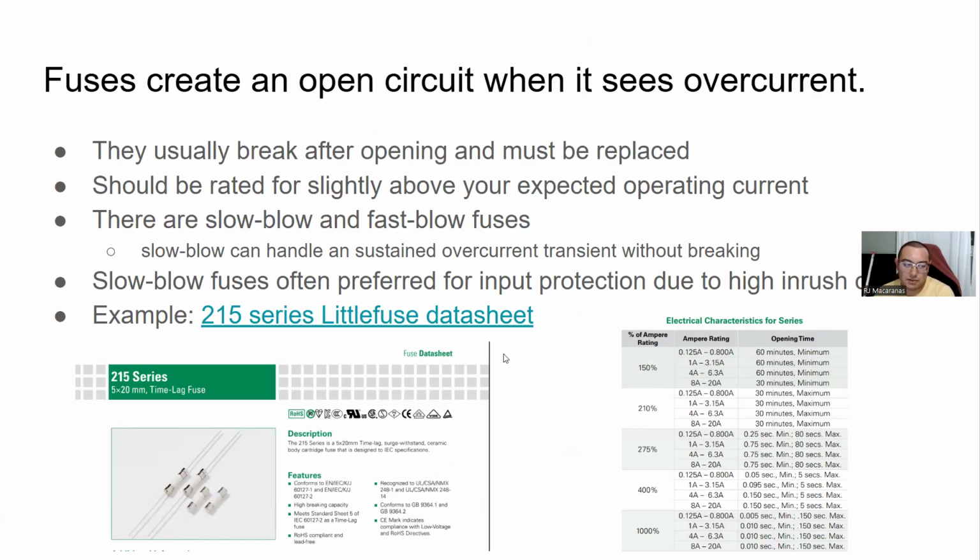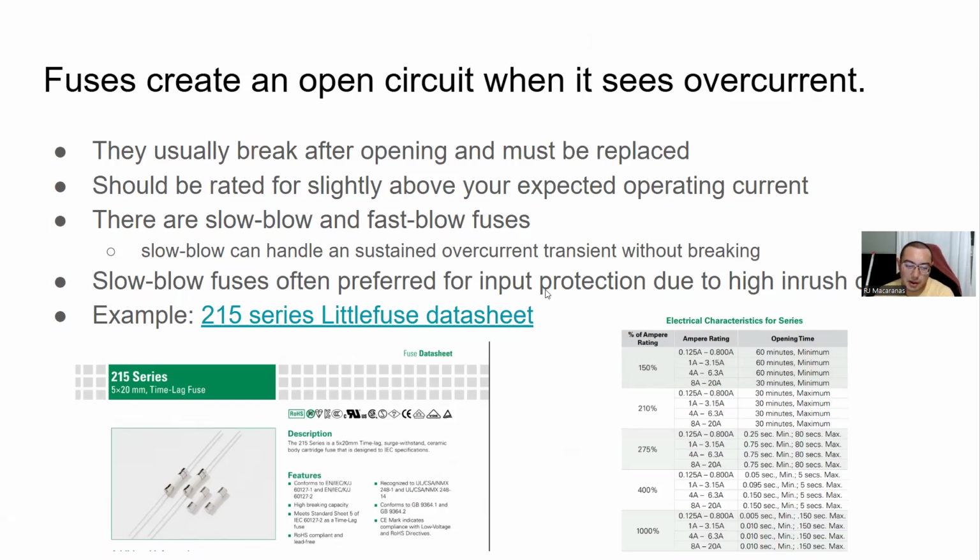And then there are two different types of fuses. There are slow blow fuses and fast blow fuses, right? The main distinction here is how fast they create that open circuit. We usually want to pick out slow blow fuses because these can handle some overcurrent transients without breaking.